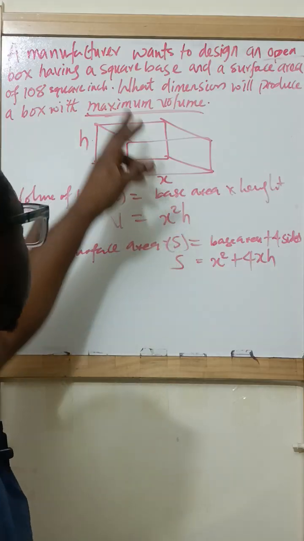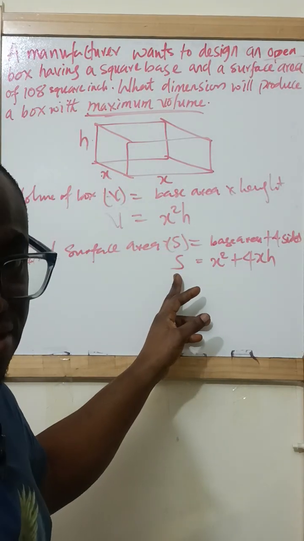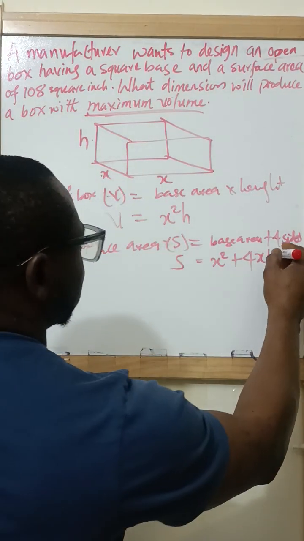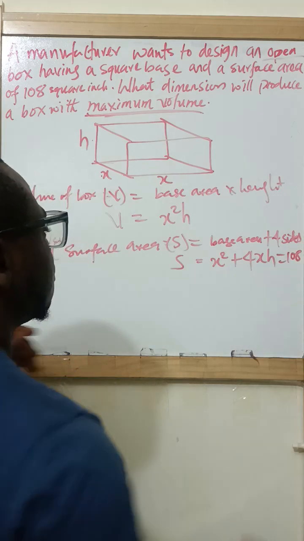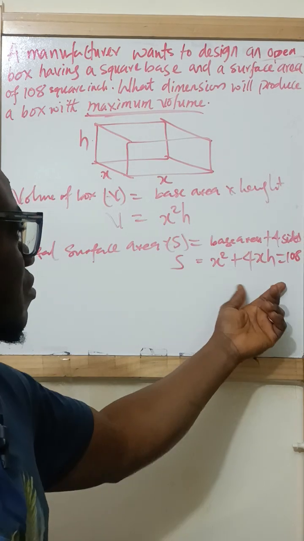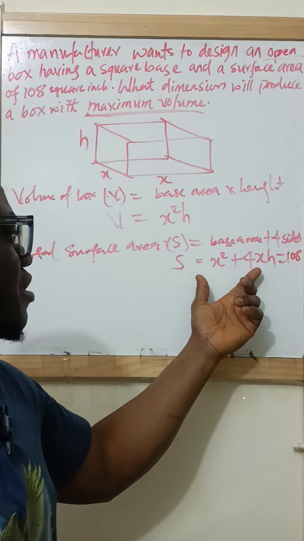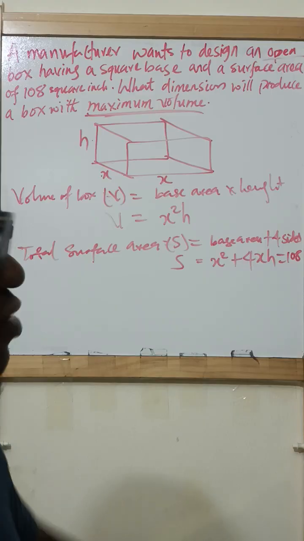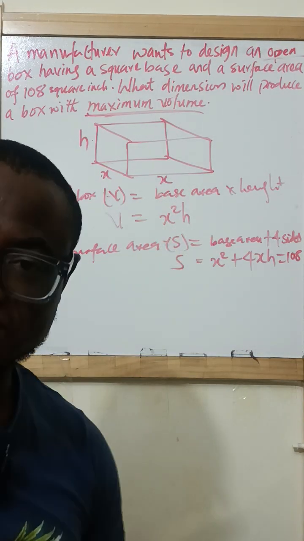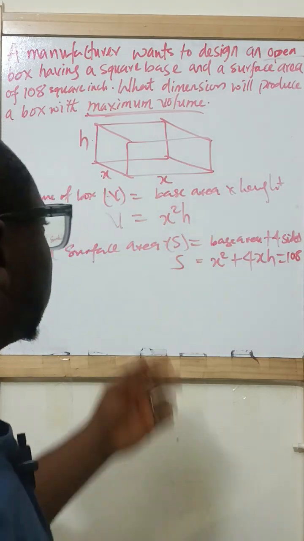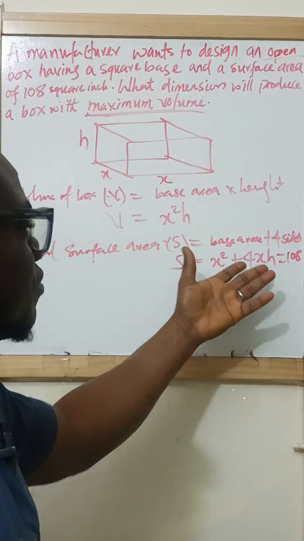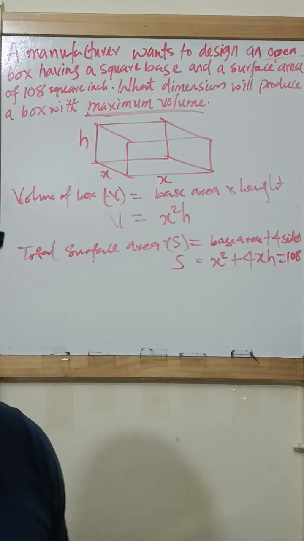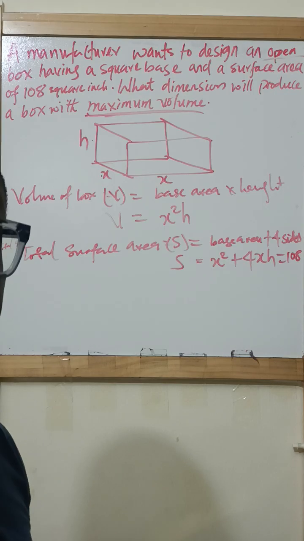We know that this one is given as 108, right? So we see that we can express h in terms of x and substitute it in the first equation. That will enable us to find the volume with respect to one of the dimensions.